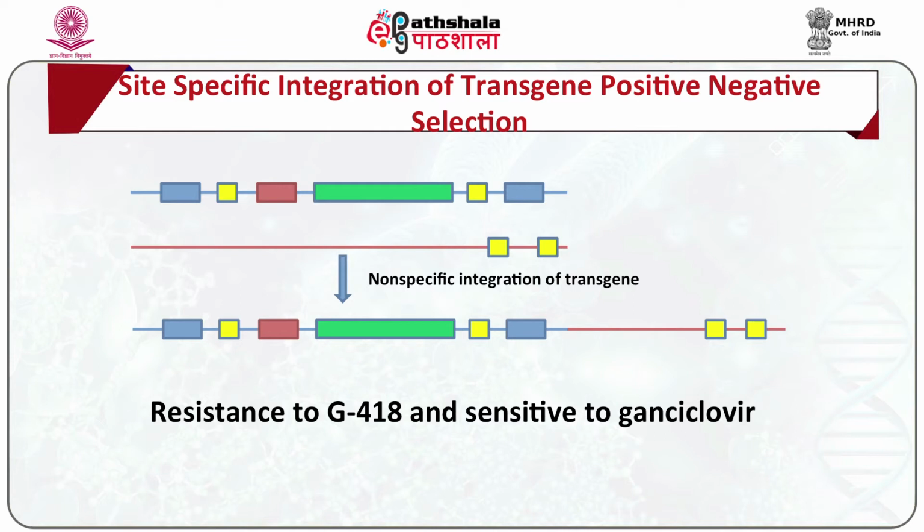The cells with DNA integrated at target sites are selected by a procedure called positive negative selection. This strategy uses positive selection for the cells that have vector DNA integrated anywhere in the genome, and negative selection against the vector DNA sequence that is integrated at non-target sites.